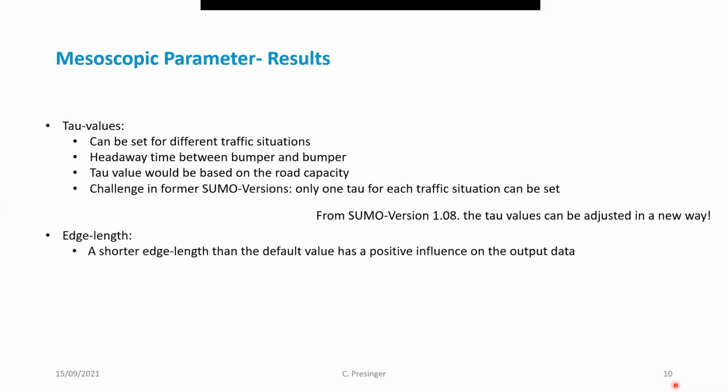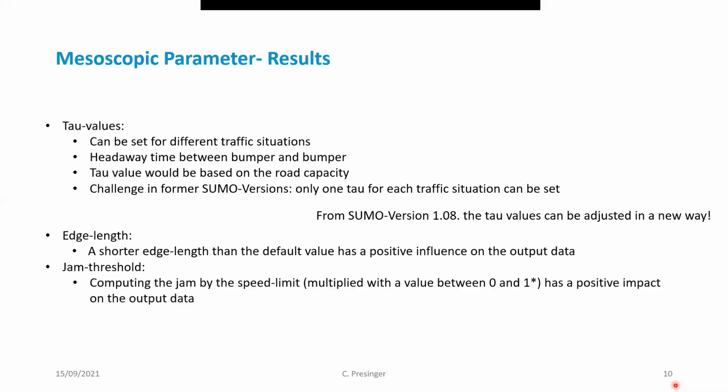What I also found out about the edge length was that the shorter the edge length is, the better the output data was in my view. And for the temp threshold, computing it within the speed limit turned out to be the best way for my use case.